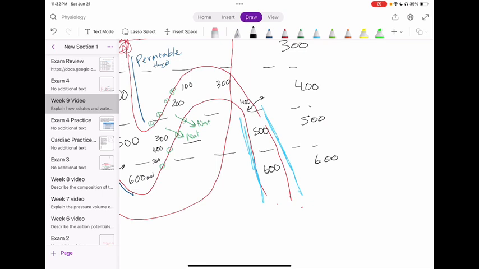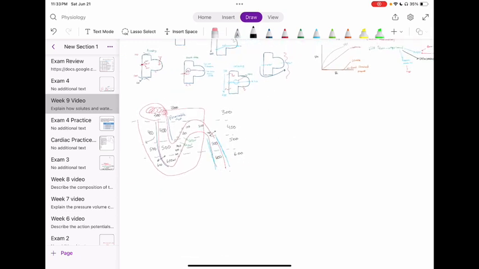Because if they're not open, then we will continue in the concentration gradient and stay at a higher concentration than the outside. And yeah, that's the kidney.